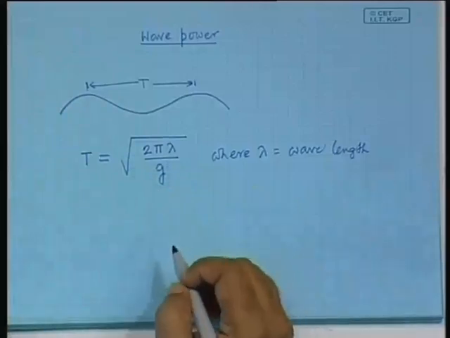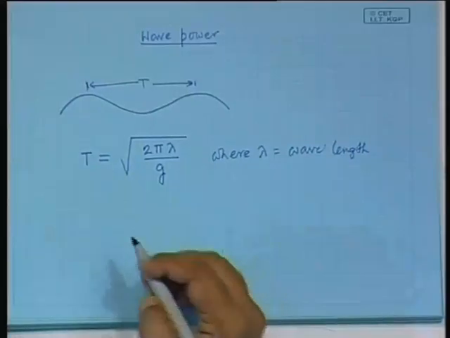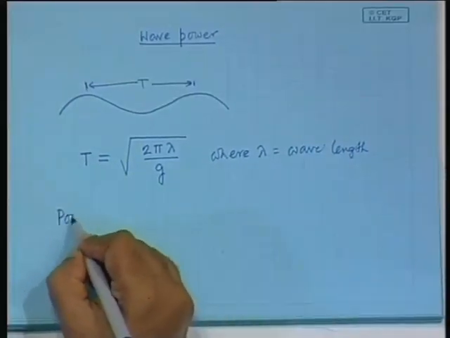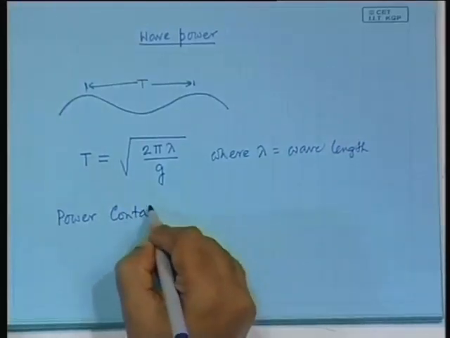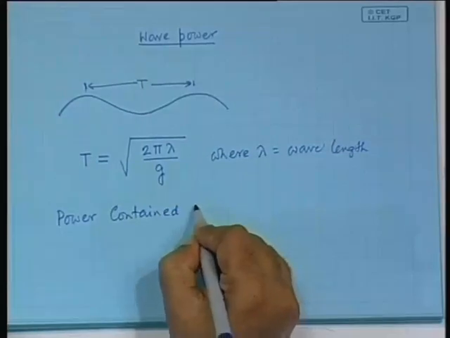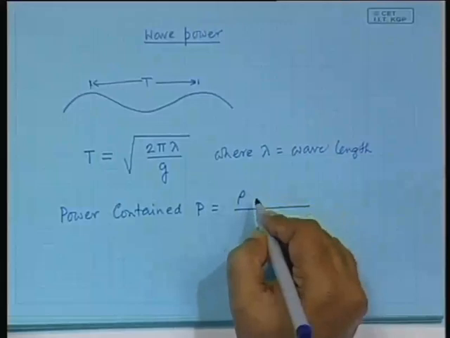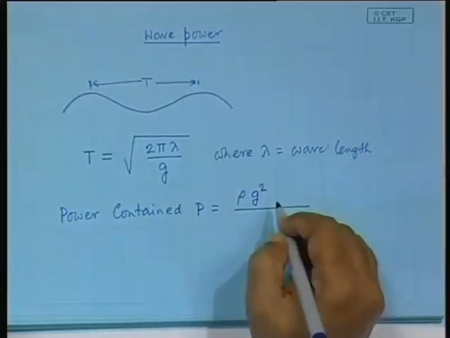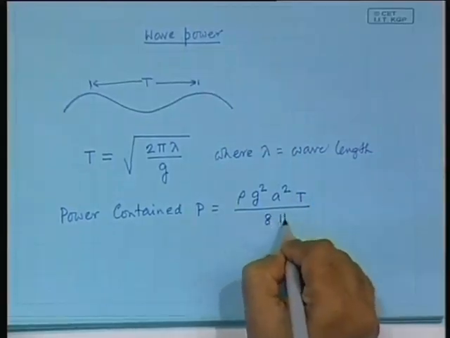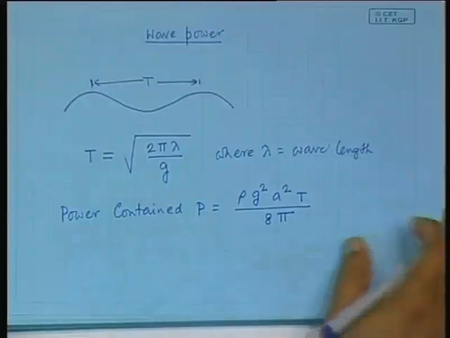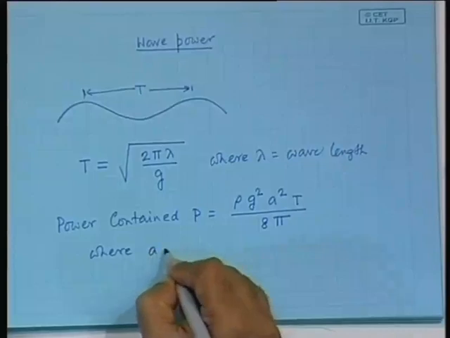T is necessary because the power contained in the wave is expressed as this, where A is the wave amplitude.